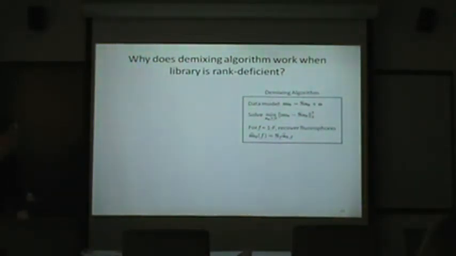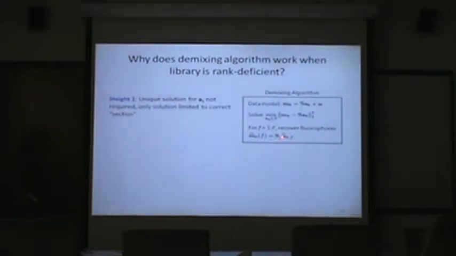So the first thing to note is the following. Usually when people solve this kind of problem, they're really interested in the results of that coefficient vector. You know, what is AK? That's the goal. But for us, we're only interested in it in an indirect way, because as soon as we get it, I'm going to use it to reconstruct the underlying fluorophore signature, and then I'm essentially going to throw it away.